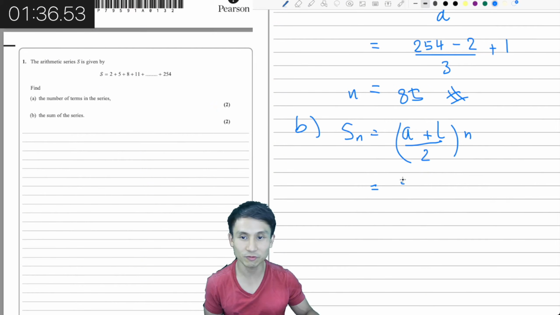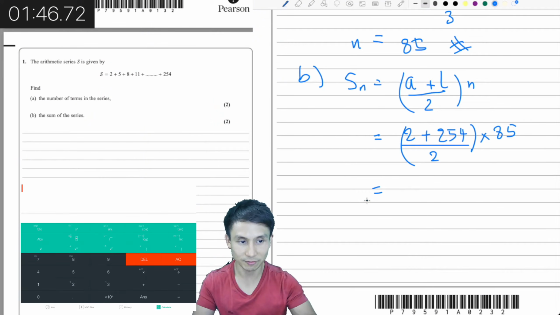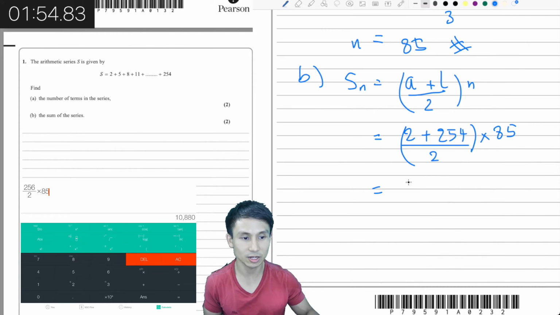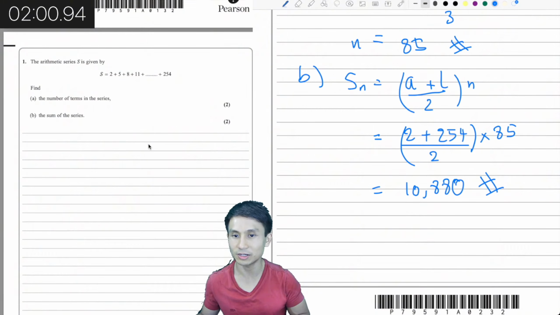So a, the first term is 2, the last one being 254, divided by 2 and times the number of terms. So that is 256 in the brackets divided by 2 times 85. So that is 10880 there. Okay, that's done for the first one. Easy, right?